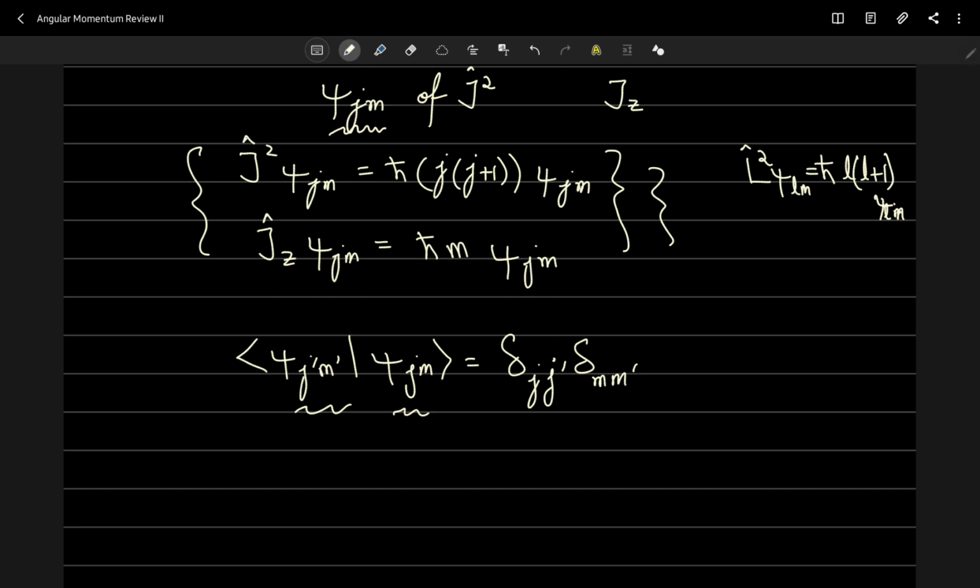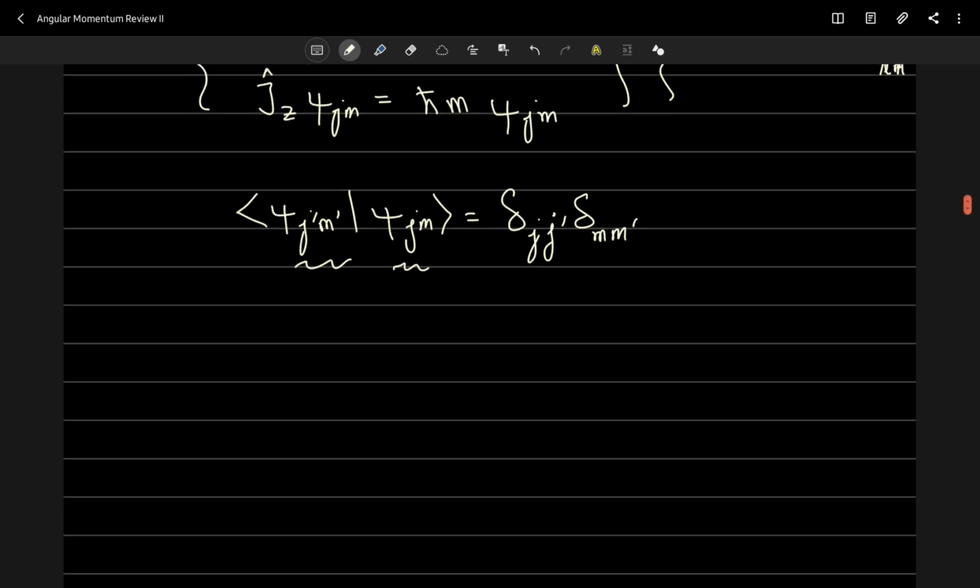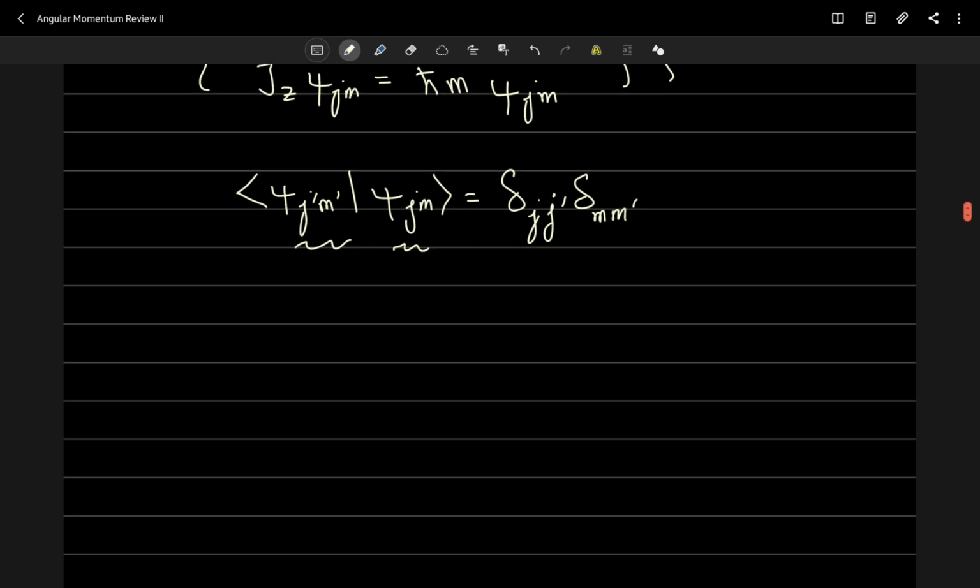Now Jz is represented by a diagonal matrix. We can write the elements of this matrix as psi j prime m prime, with Jz in between, and then psi jm. What should this give you?